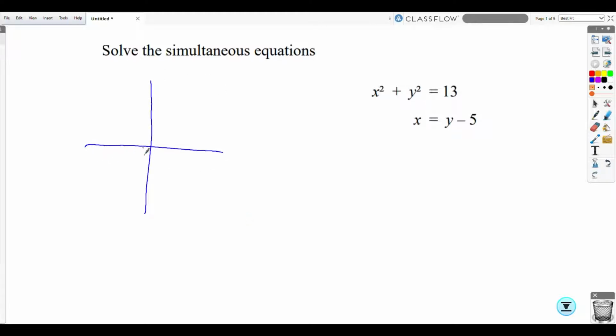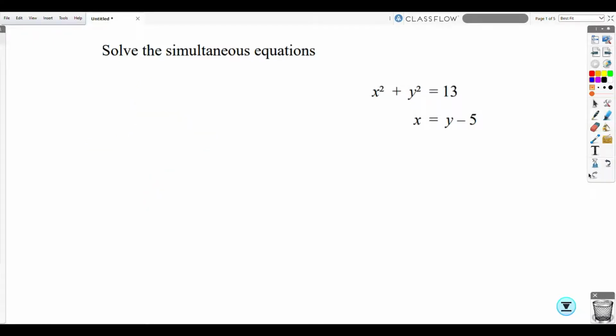If we were to draw axes with a circle, and let's say we have a straight line, there are three different ways we get this. We could have one here where there are two solutions. We could have one here where it only touches once, or here where it touches no times. So just be aware, if you only get one solution, that's a viable answer as well. So just something to look out for.